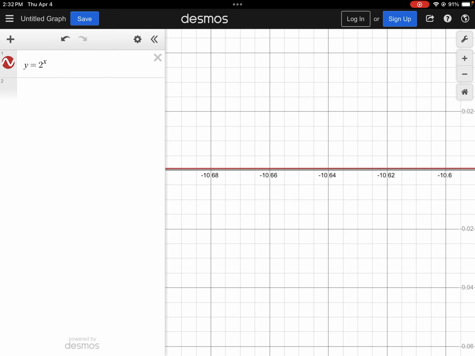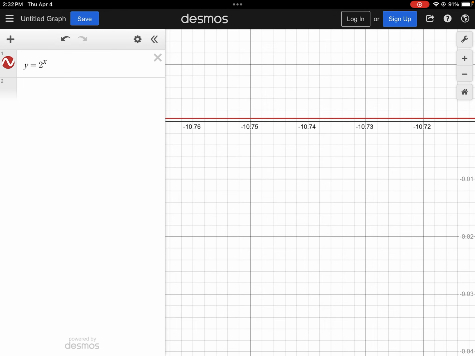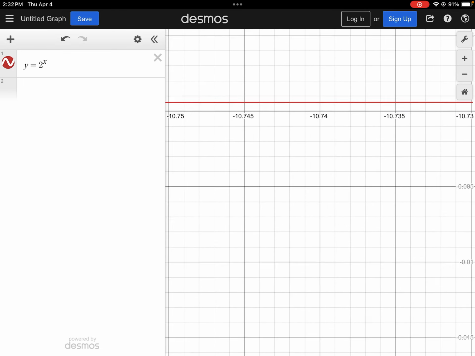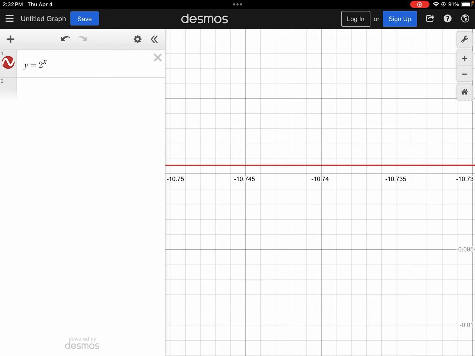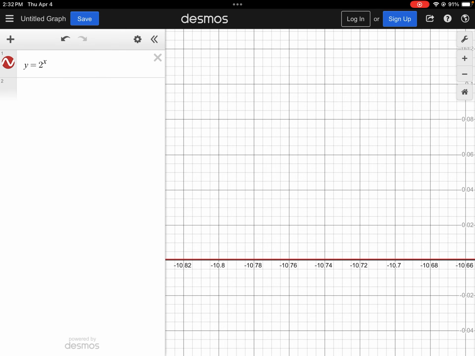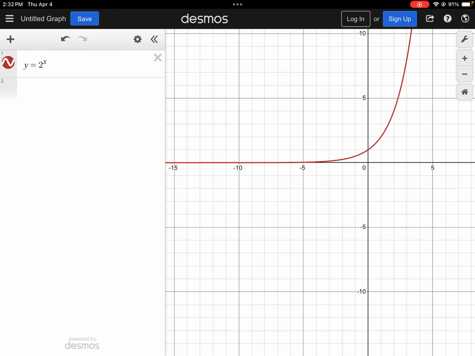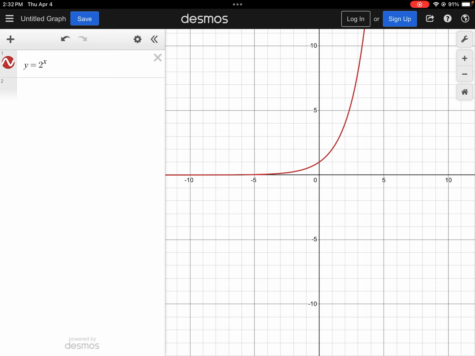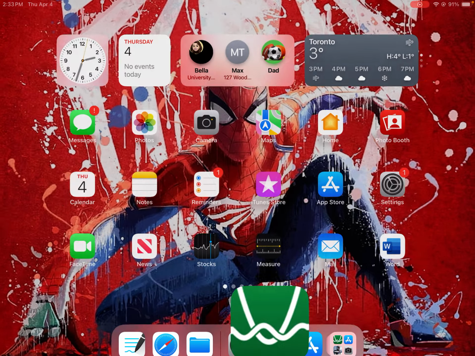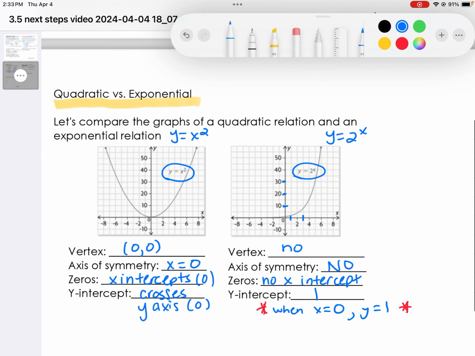We're getting so close, but still, if I zoom in and get smaller and smaller, it stops touching. Okay, so that means that we call that an asymptote. It does not cross the x-axis, but you'll notice, where does it cross the y-axis? At 1. So that, like I said, is going to be important for the rest of your mathematical lives.